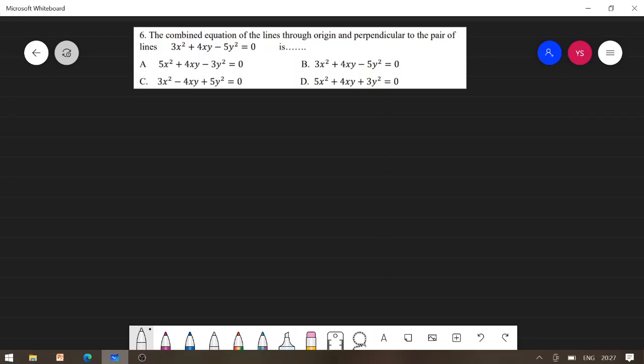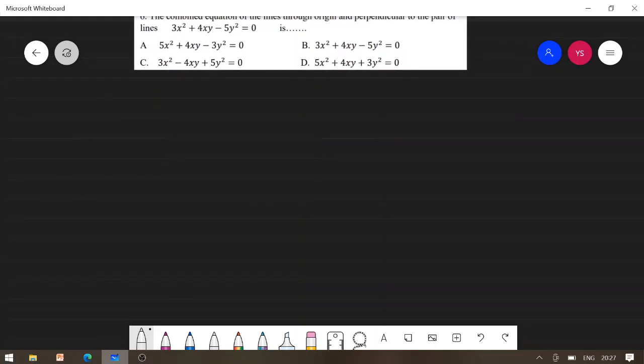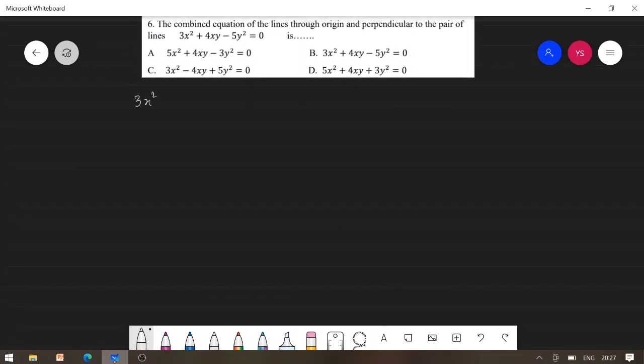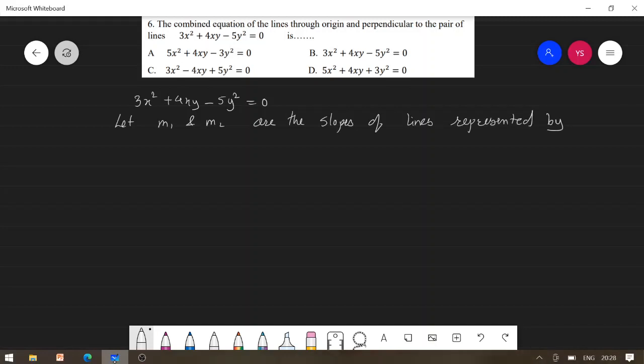Now we have given here a combined equation 3x² + 4xy − 5y² = 0. So let us assume that m1 and m2 are the slopes of lines represented by the combined equation we have given as 3x² + 4xy − 5y² = 0.